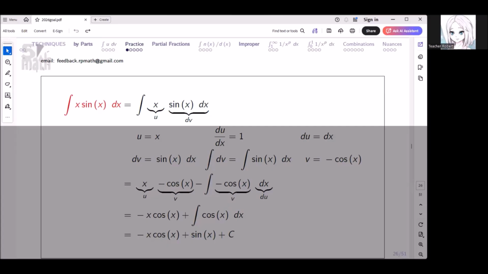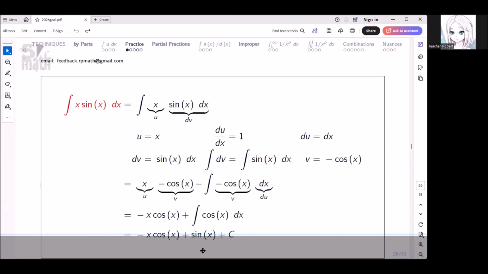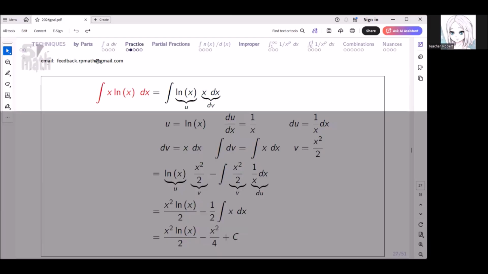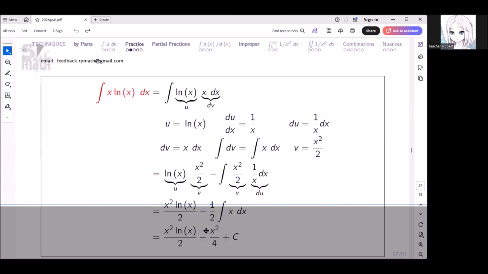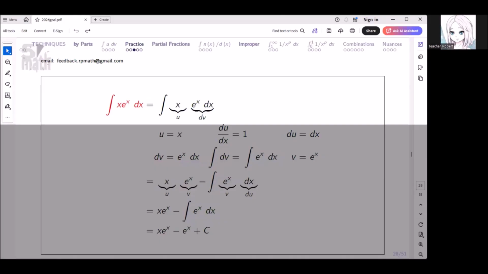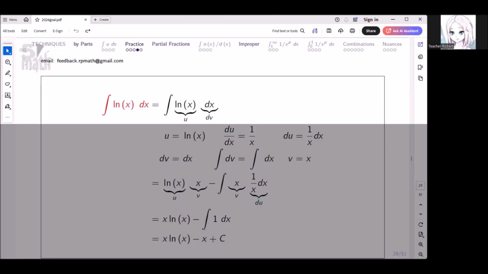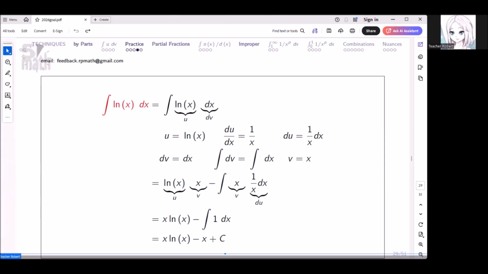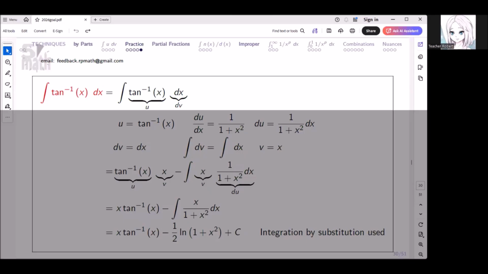Integral x sine x dx, integral x ln x dx, integral x e to the x dx, integral ln of x dx equals x ln x minus x plus c. Integral inverse tangent of x dx.